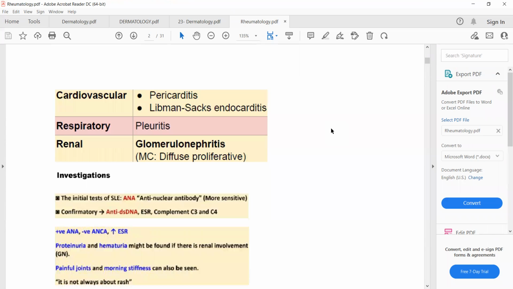So the initial investigation in case of SLE is ANA, anti-nuclear antibody. It is more sensitive. Confirmatory or most appropriate investigation is anti-dsDNA. ESR, complement C3 and C4 levels can also be done, helping to make a diagnosis.